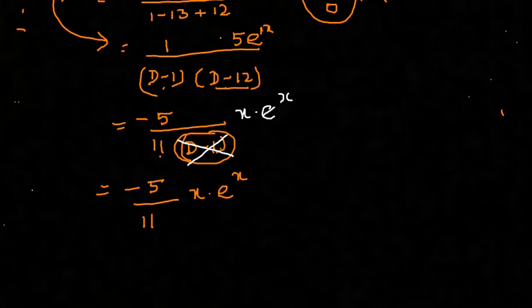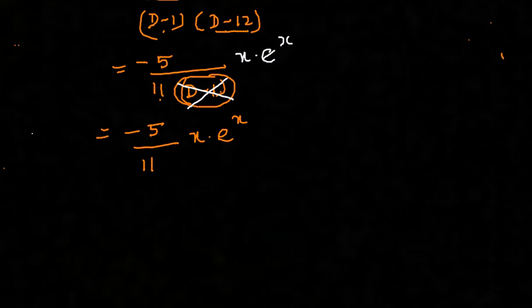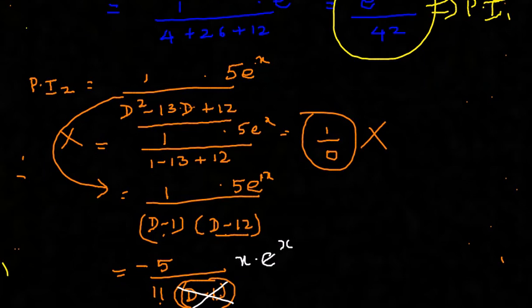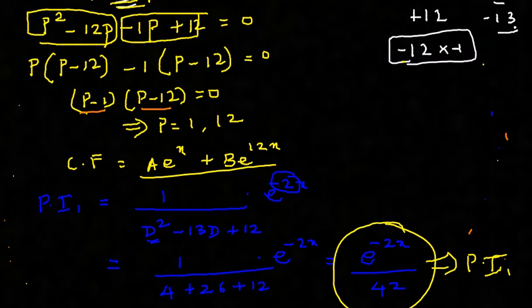Okay. So now when we write the complete equation, the general solution would be y is equal to your characteristic function plus your particular integral 1 plus particular integral 2. My characteristic function, remember we found it over here, right? This is our CF.